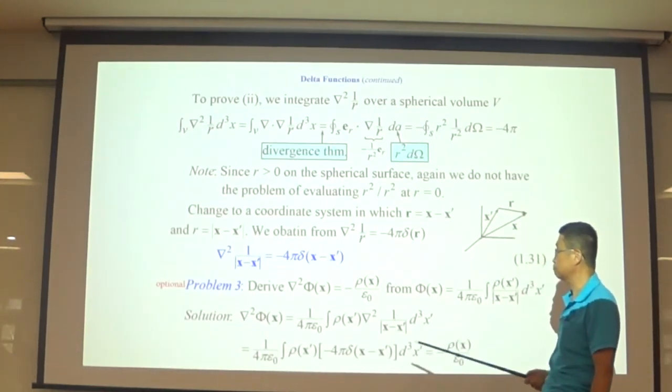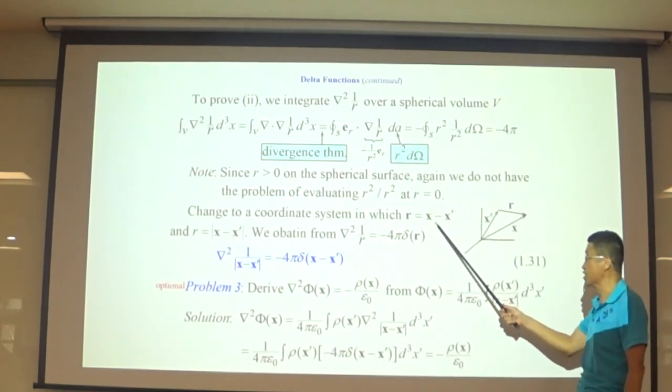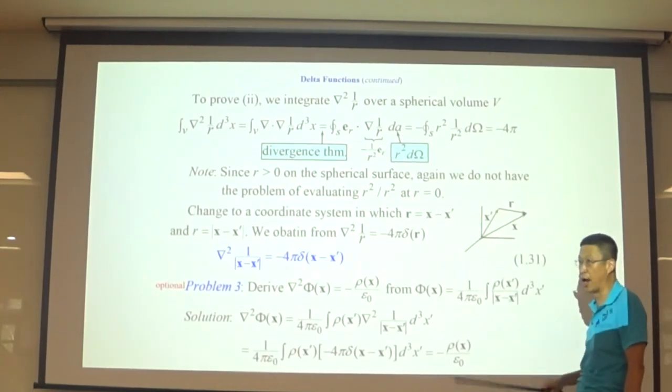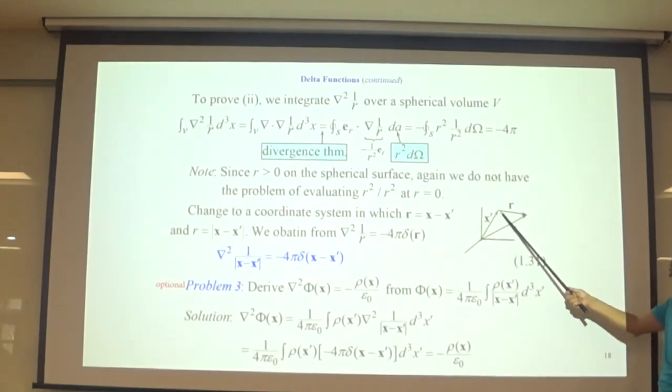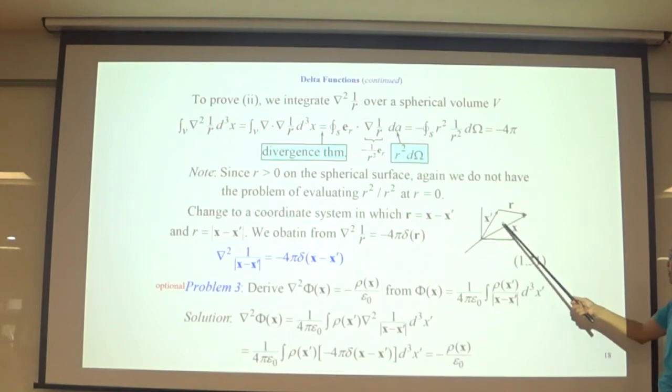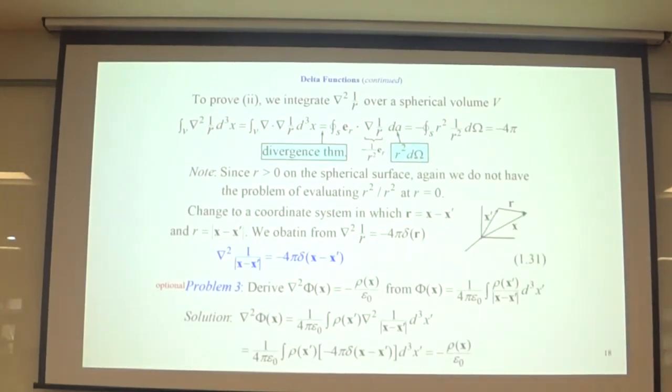Second, now let's change to r equals x minus x prime. Change the coordinate. That's the major difference between Griffiths and Jackson.